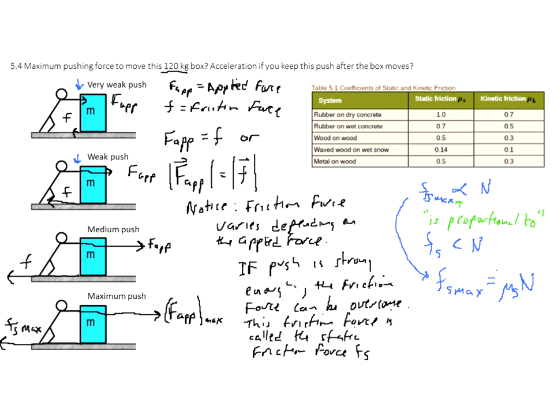And that constant here is called the coefficient of friction. And this is the Greek letter mu, which corresponds to our letter m. Let me get rid of that stray dot here.